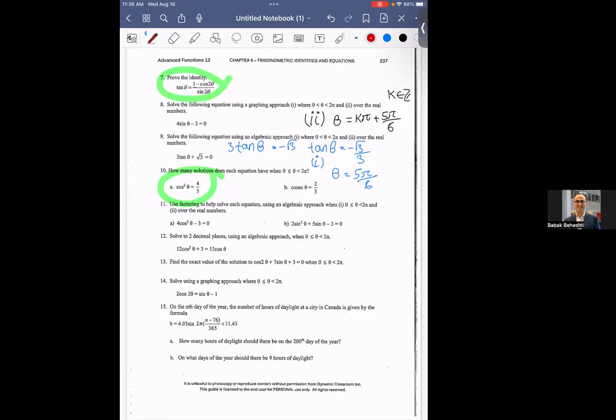So part A, how many hours of daylight should there be on day 200? You just plug in n equal to 200 into this equation. So you have 200 minus 76 divided by 365 times 2 pi, and then you compute sine. Just use your calculator.